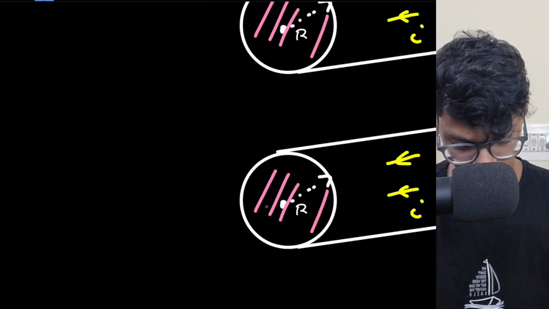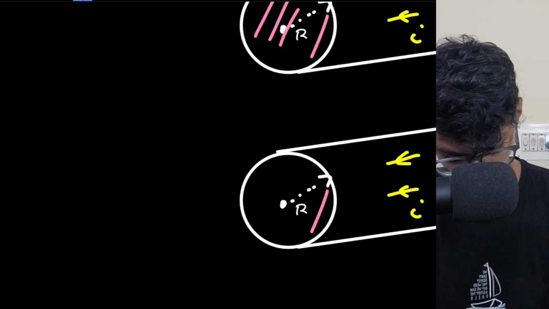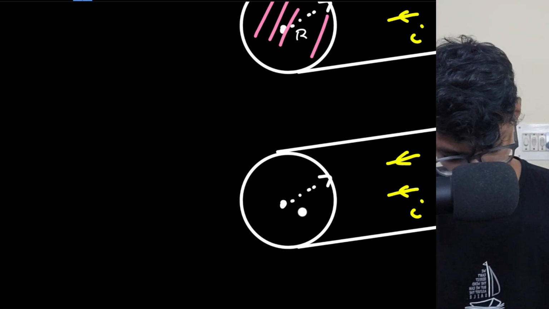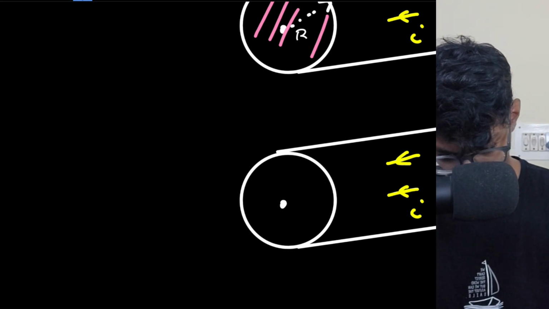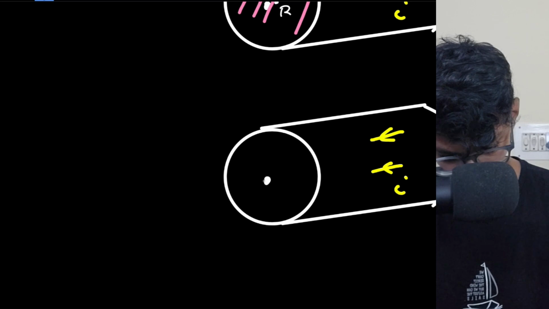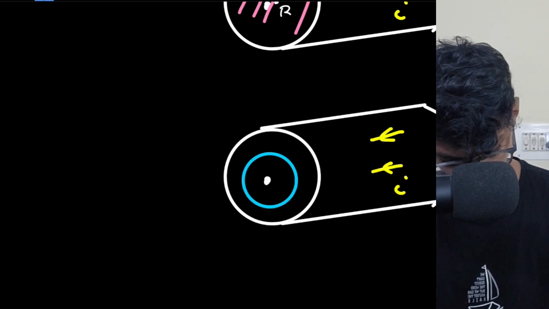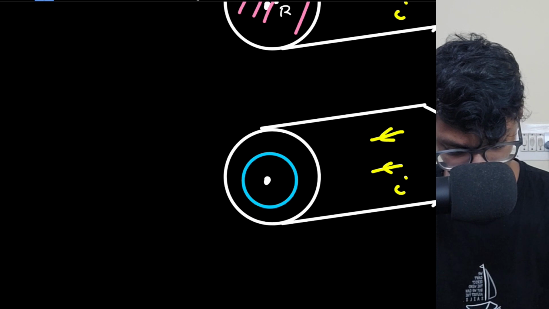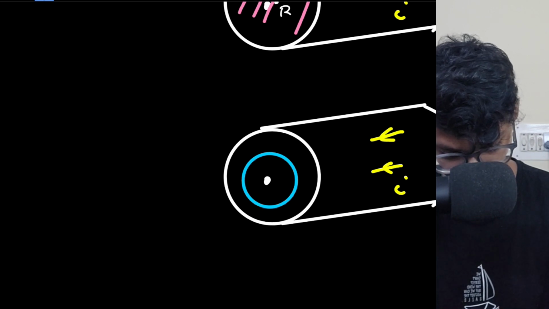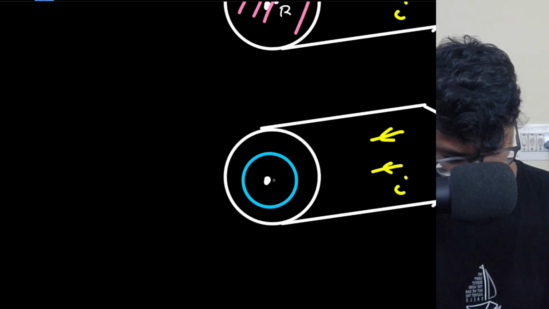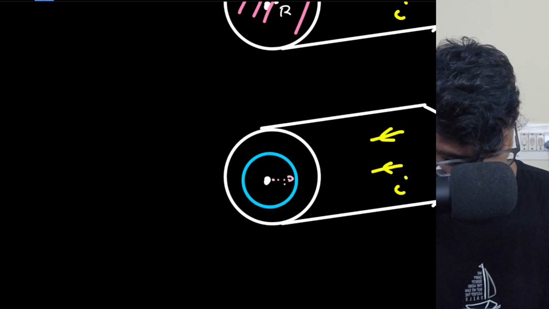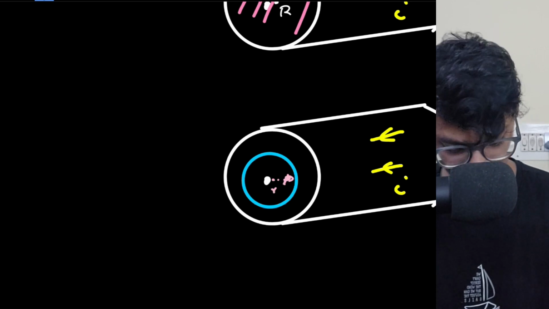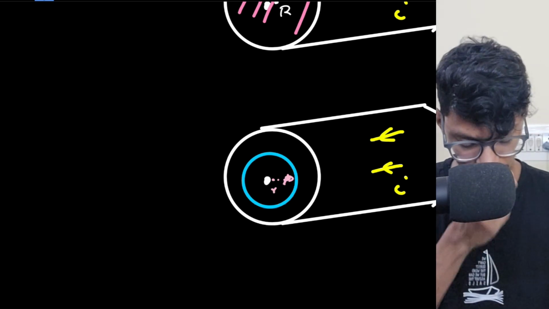I'll just delete this thing, and I will choose a circular Amperian loop. So the circular Amperian loop is done, and the radius of this Amperian loop will be simply smaller r, and obviously smaller r is less than capital R.